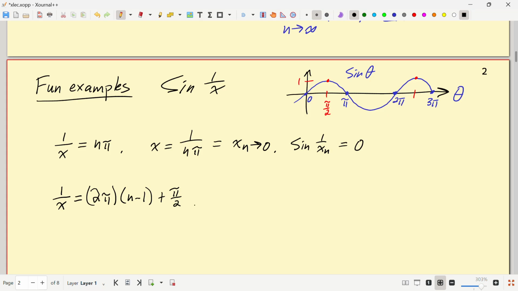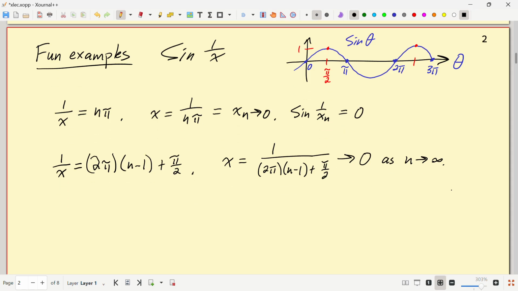Well, x is 1 over that, and that goes to 0 again. It's easy to see that that goes to 0 as n goes to infinity. Let's call that x sub n.